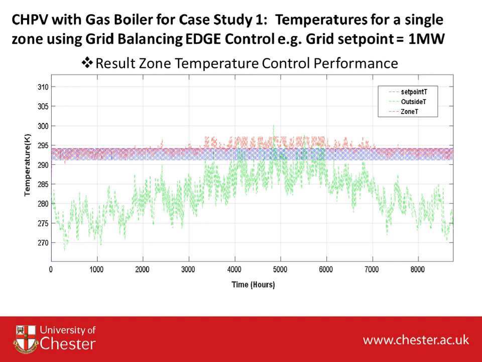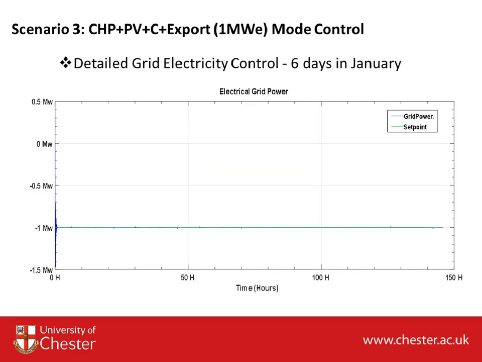And you can see the control system still maintaining thermal comfort throughout the year. And this time, the grid set point is being tracked plus or minus 20 kilowatts at minus 1 megawatt, minus being export. 1 megawatt would be 1 megawatt of import.